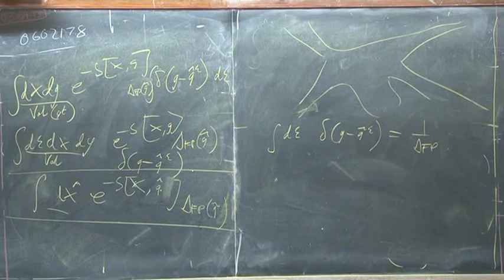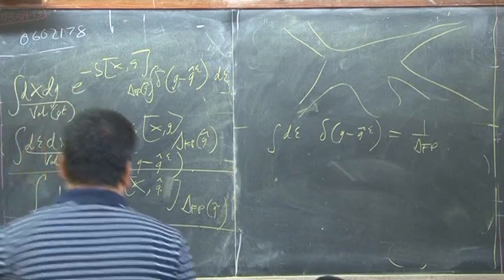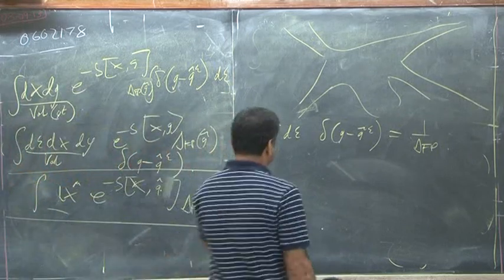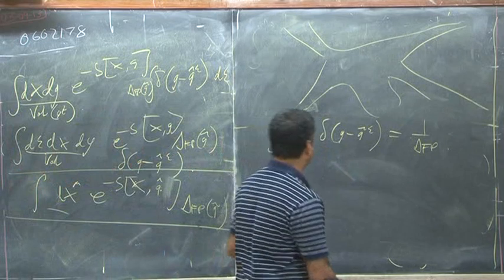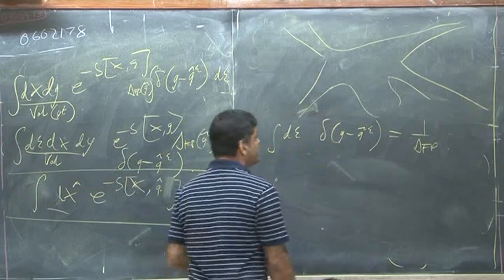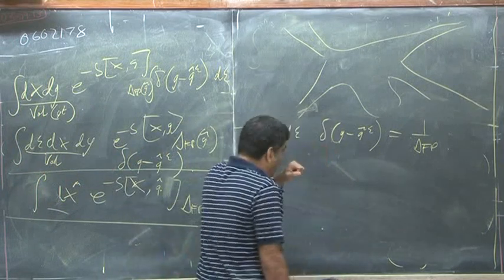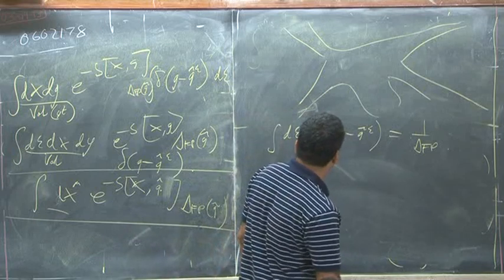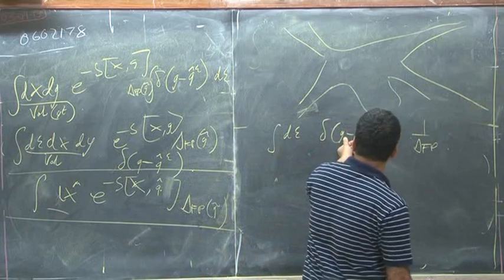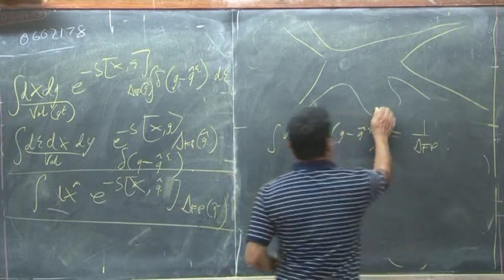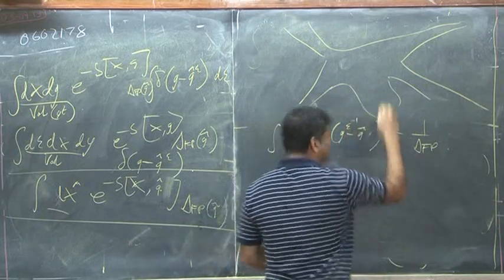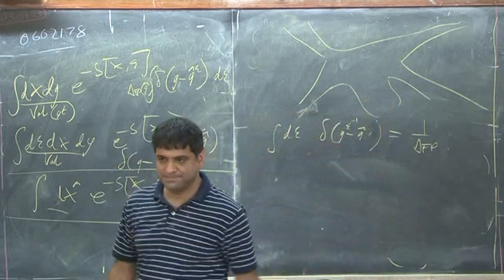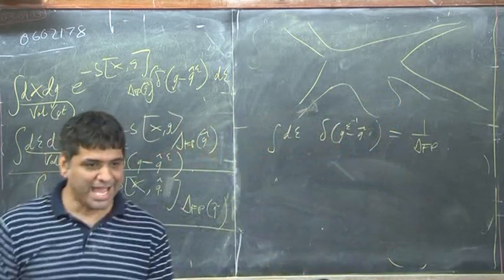You see, this delta function, we could firstly transform this to zeta inverse here by gauge transformations.